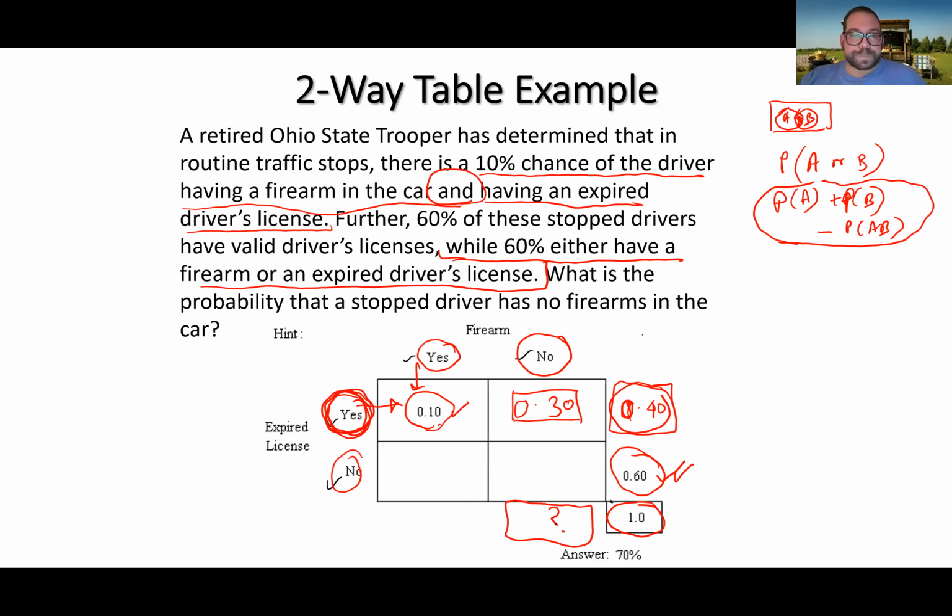Okay. So now let's look back into that question. 60% either have a firearm or an expired driver's license. So probability of a firearm yes or expired license yes. Okay. That's basically what I'm talking about. That probability is 0.6, right?